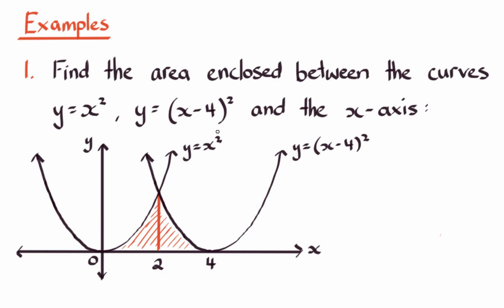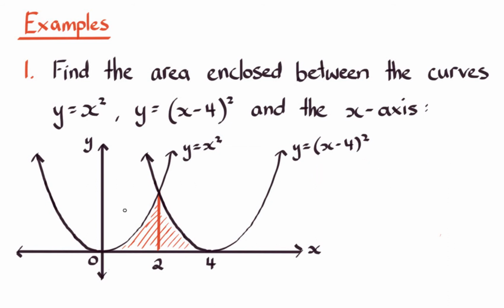However, you could set x squared equal to (x minus 4) all squared and solve if you wanted. Or you could just, once you have your guess of 2, substitute 2 in to both equations and check you get the same answer. So 2 squared is 4, and (2 minus 4) all squared, well, that's negative 2 squared, which is also 4. So good, we have got the correct x value.